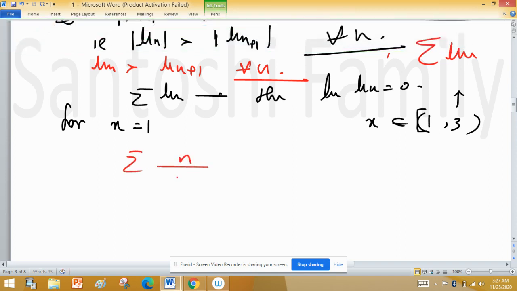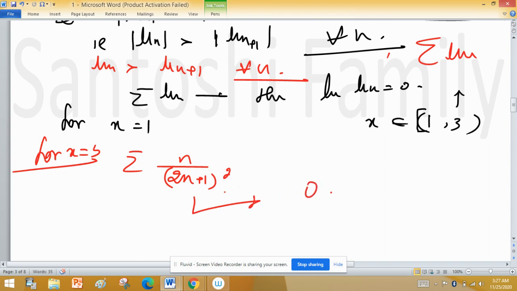Summation n upon (2n plus 1) whole square, for x equal to 3, is my series, and we have to test its convergence. As we know, the limit of this term is 0, so it might converge, but we need to test it by some test. When the ratio test fails, the root test is more powerful.